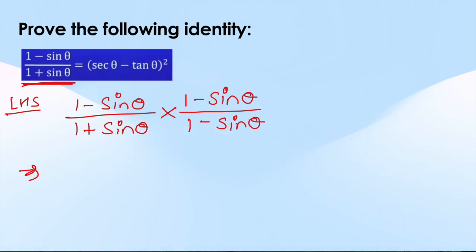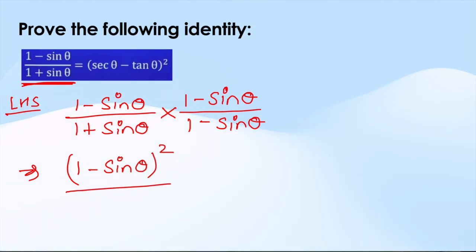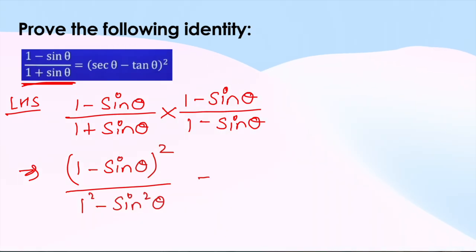What will happen to the numerator? It will be 1 minus sine theta into 1 minus sine theta. That is 1 minus sine theta the whole square. Clear? And in the base, it is 1 plus sine theta into 1 minus sine theta. Means a plus b, a minus b. So a minus b, the a square minus b square. Clear?